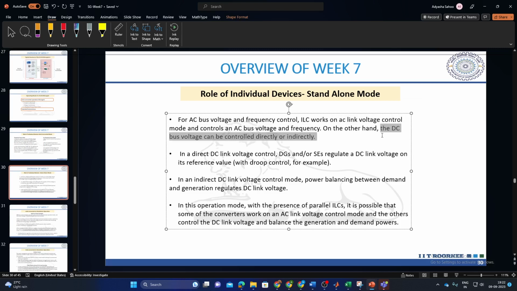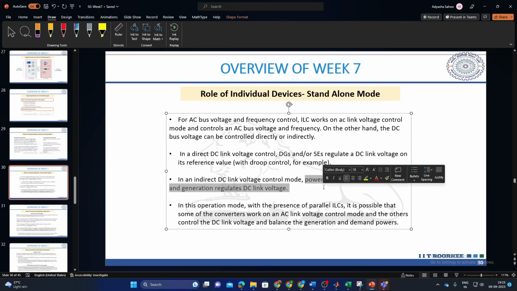Then we had the standalone mode. We want to know what role devices like the interlinking converters are going to play in standalone mode; the previous one was for the grid connected mode. In the standalone mode, the interlinking converter will control the AC voltage and frequency, while the DC voltage can be controlled directly or indirectly, depending upon the power flow of the DGs, so that the voltage can be regulated.